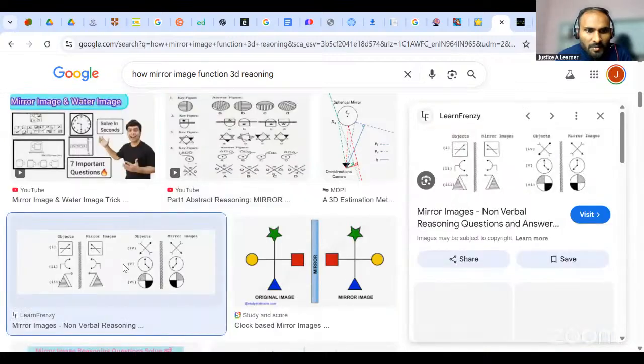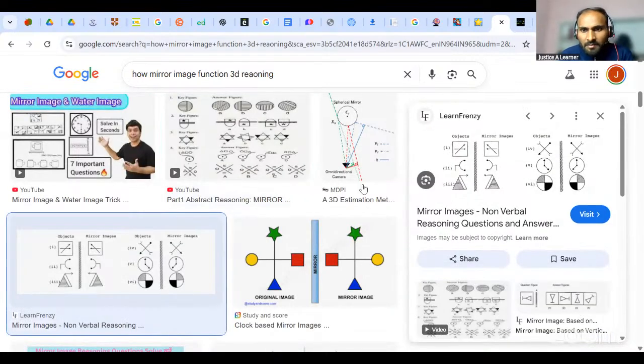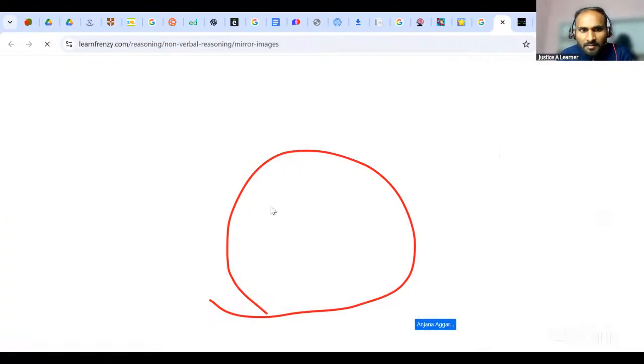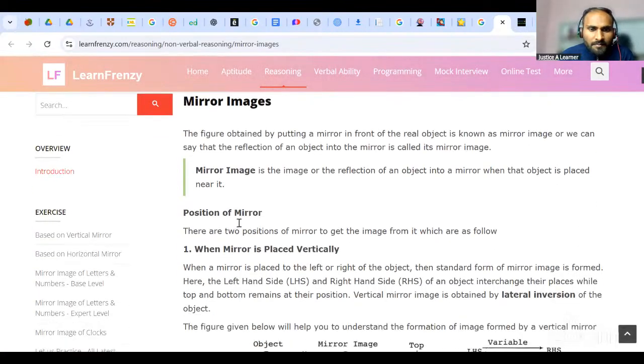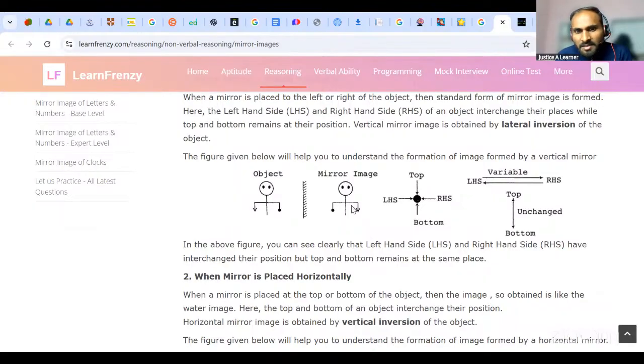Yeah, this one would also work. You will understand with the examples. Just observe this. This is the object, and this is the mirror image. This does not affect the upper part because that is a circle. It looks the same, but this actually affects this part. Do you see this?